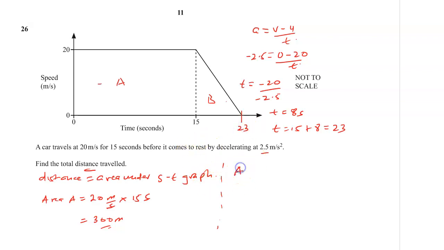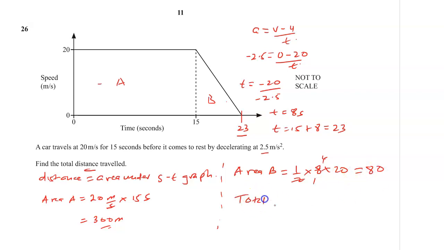Now we can get the area for B, which is a half times (23 minus 15, that is 8) times 20. Half of 8 is 4, and 4 times 20 gives us 80.